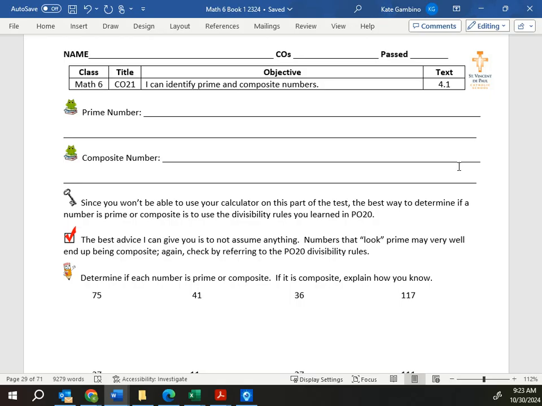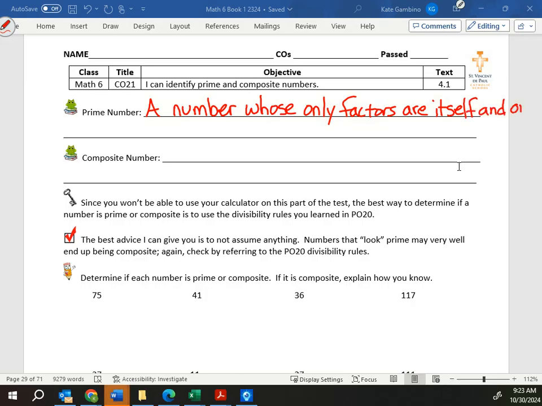A prime number is a number whose only factor... So its only factors are itself and 1.